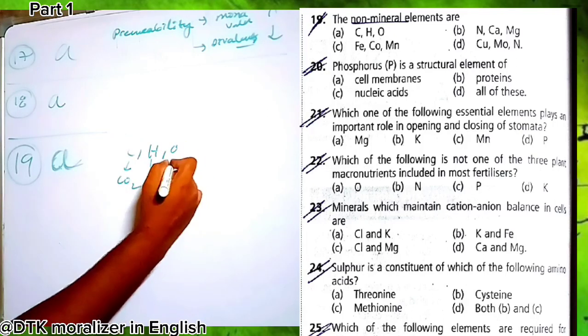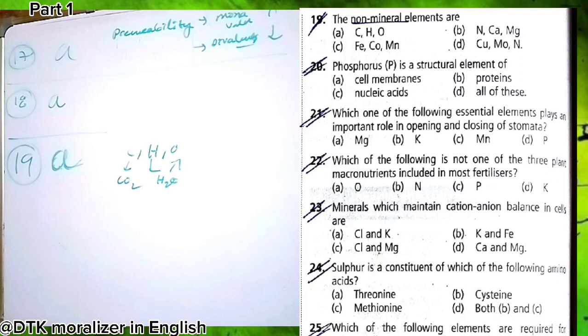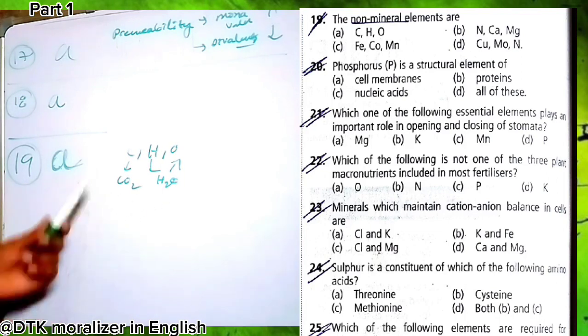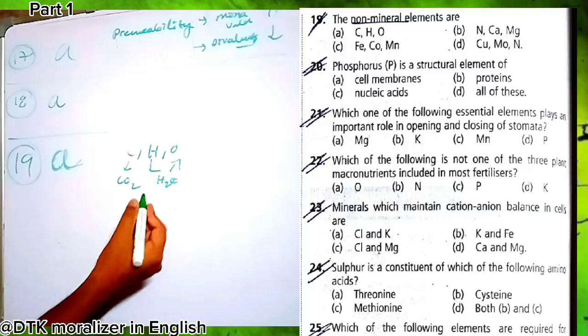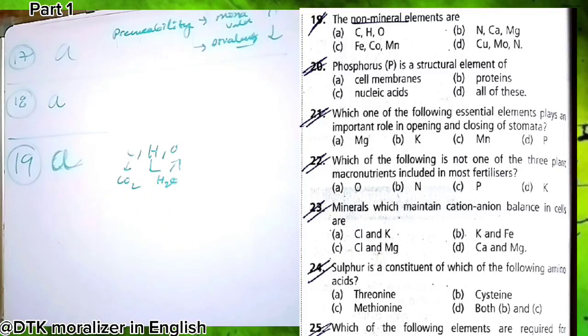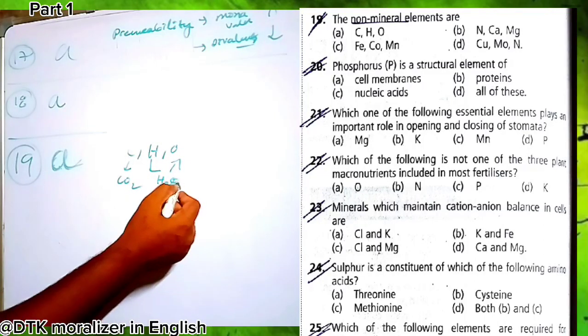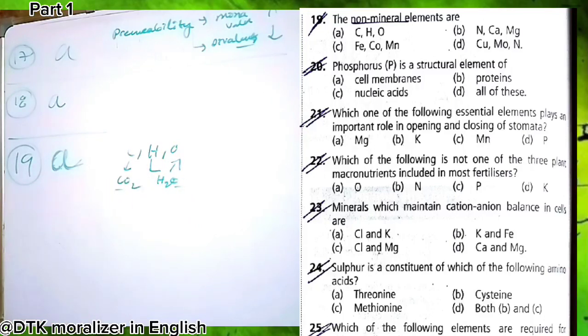Here carbon comes from CO2, hydrogen from H2O, which is in a mist form also sometimes. Oxygen also comes from that. Now question number 20.